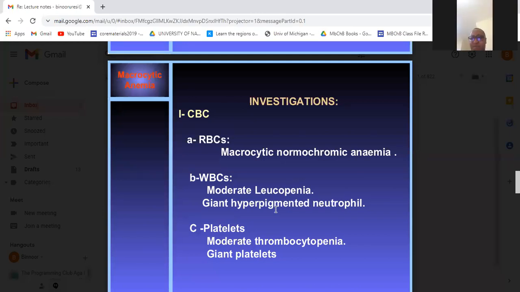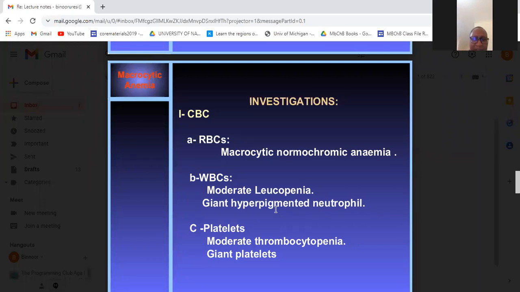The WBCs, as we've said, are moderate or there's leukopenia. And then you have hypersegmented neutrophils. The platelets, again, show thrombocytopenia with giant platelets.